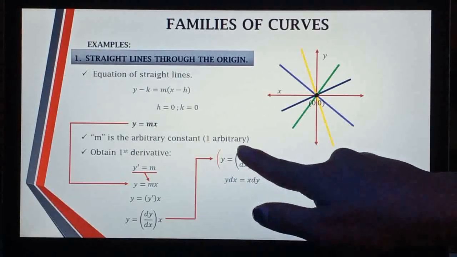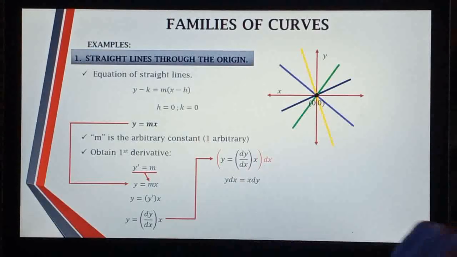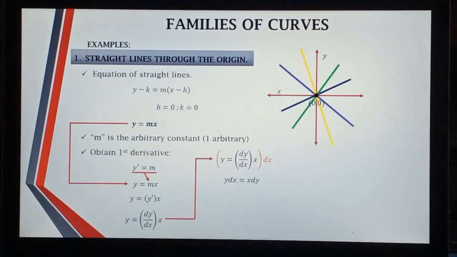Then the dy over dx multiplied to x multiplied to dx, makakancel si dx. You will now have x dy. Then simplifying again the equation by transposing x dy to the other side, you will now have the equation as y dx minus x dy equated to 0. So since simplified na yung equation, the final answer or the differential equation of any straight lines passing through the origin is said to be y dx minus x dy equated to 0.